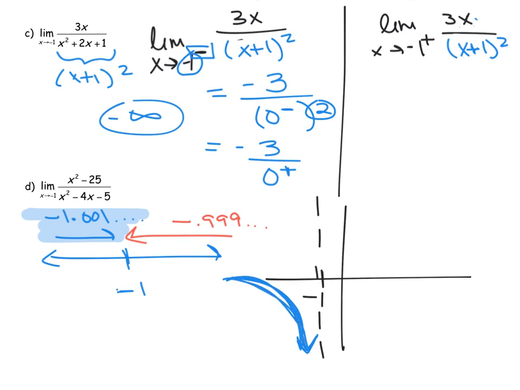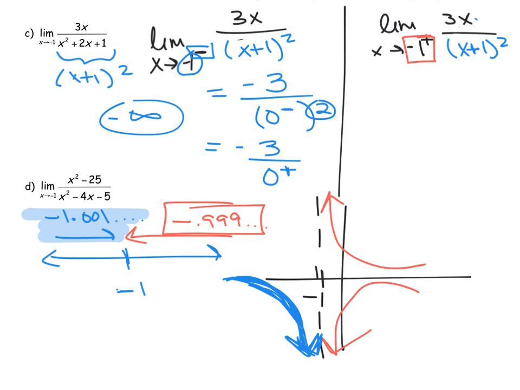Okay, let's go through it again. Let's do it now on the right-hand side. So now on the right-hand side, I don't know what I'm looking at. Am I looking at this or this? So let's check. Now, if I'm looking at -1 from the right, now I'm looking at that -0.999.